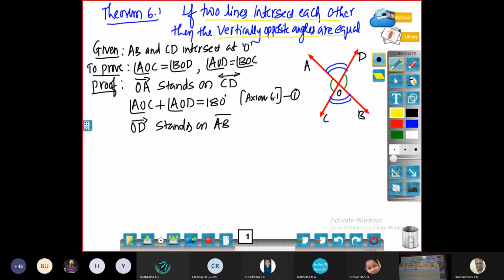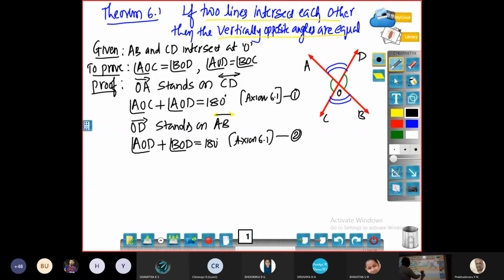Now, OD stands on AB, so mention the adjacent angles: angle AOD plus angle BOD is equal to 180 degrees. Same reason, axiom 6.1.